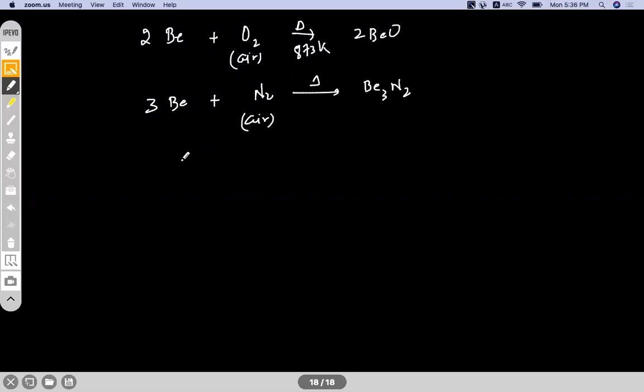Magnesium also reacts: 2Mg plus O2 in presence of air.